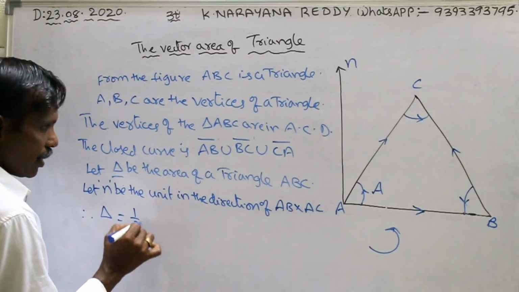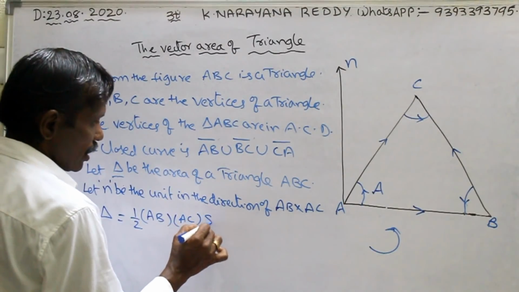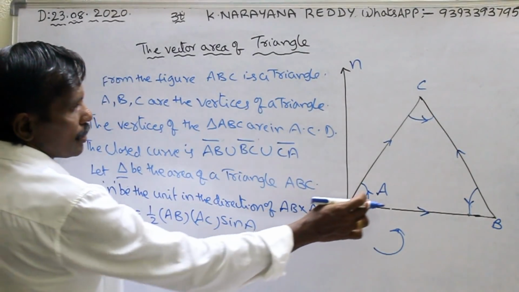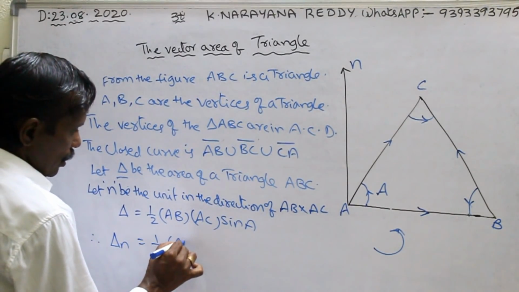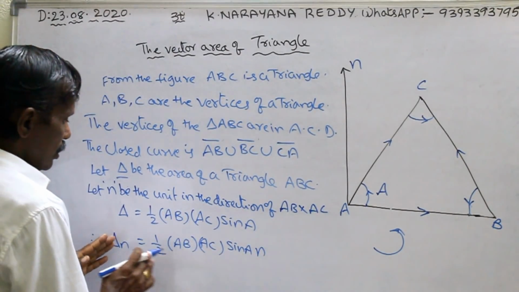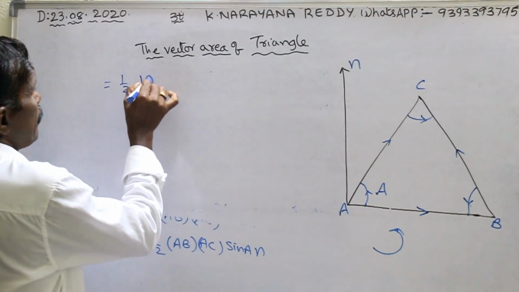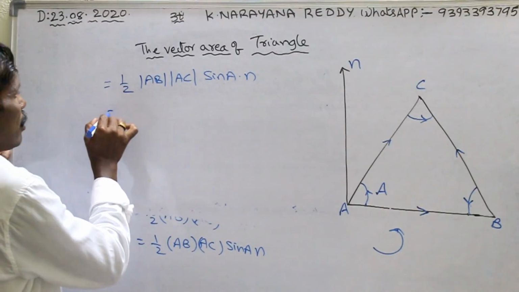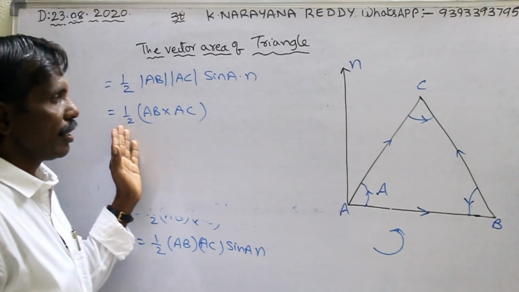Del equals half into AB into AC sin A, since A cross B equals AB sin A, because your angle is A. Therefore, del n equals half mod AB mod AC sin A into n, of AB cross AC. This is the area of the triangle.